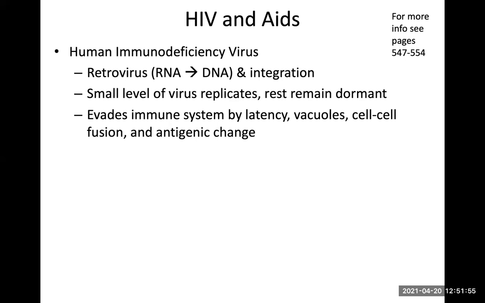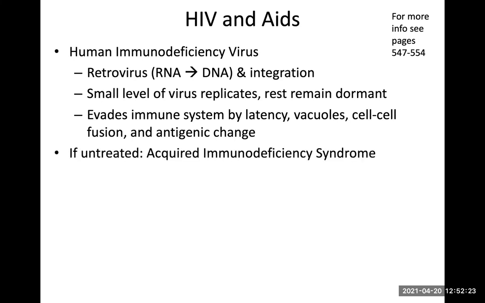So the fact that it's integrating the DNA into the host cell, which is the latency, right? So that's one way. It can make special vacuoles. It can do special cell-to-cell fusion, and it can also change its antigens. And so all of these are different mechanisms of escaping the immune system and infecting more and more of our T cells.